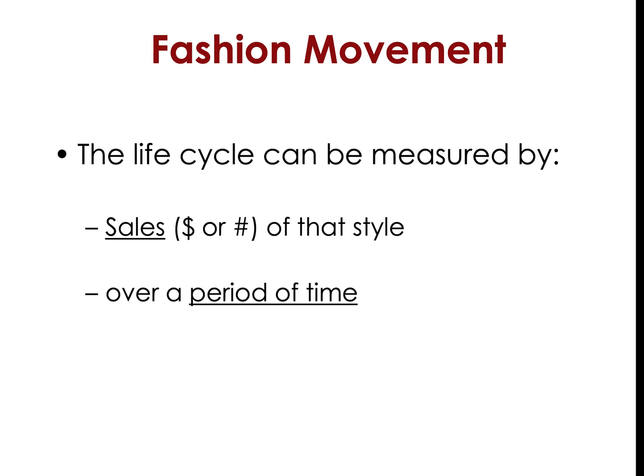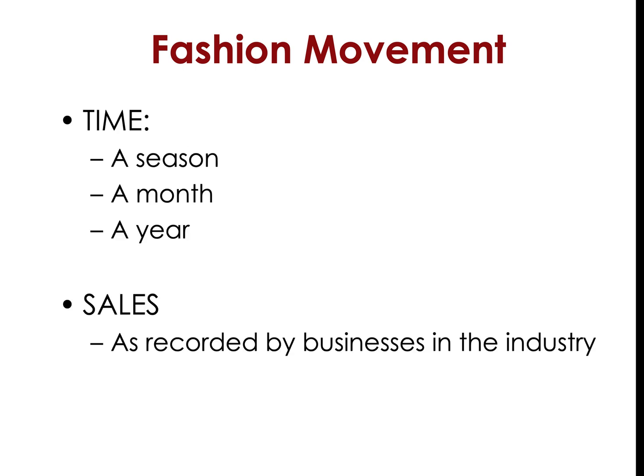So we measure the life cycle over sales, how many of those items sold, or we can also measure it within a trend. If we're evaluating a retro 60s trend that's going on, we can categorize certain products in that retro 60s trend and then analyze how many of them sell over a period of time. Time can either be a season, like the fall season, spring season.